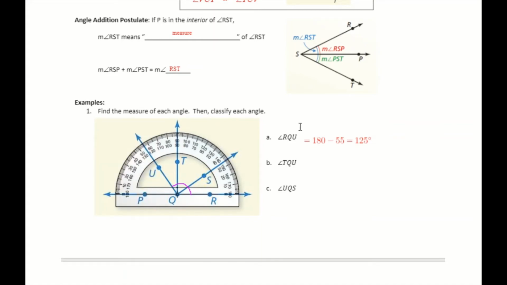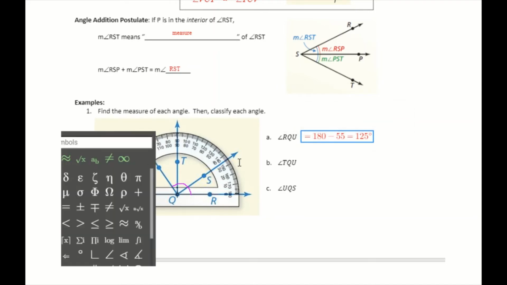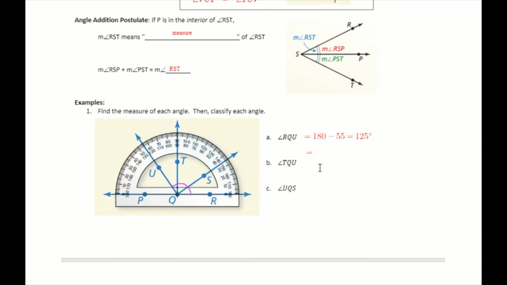Now, we could also calculate the measure of this angle if, instead of looking at this top number, we looked at the bottom number. So this could also equal, let's go ahead and make a new little statement here. RQU is this angle right here.